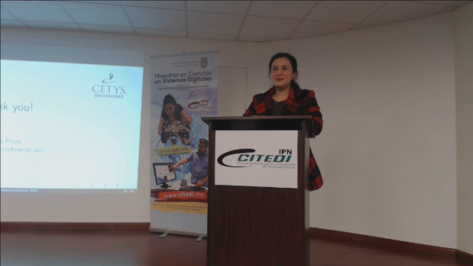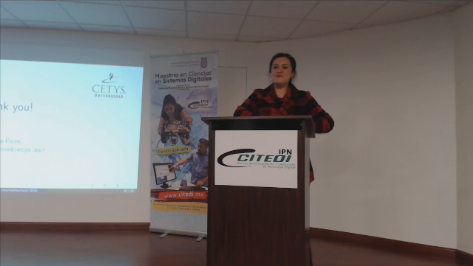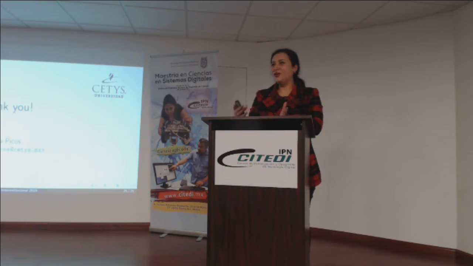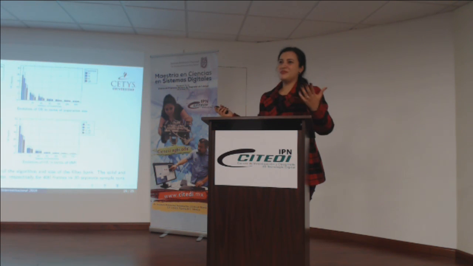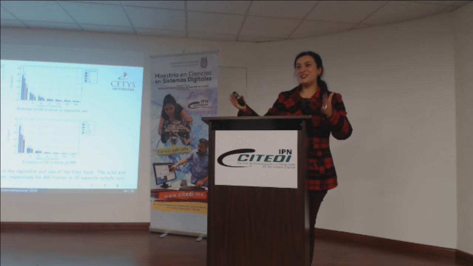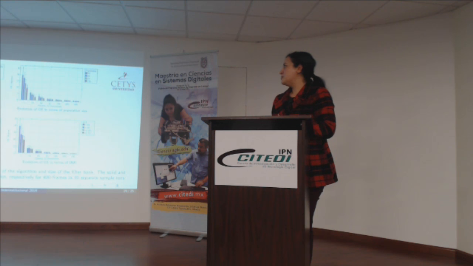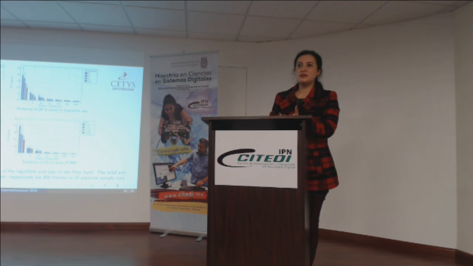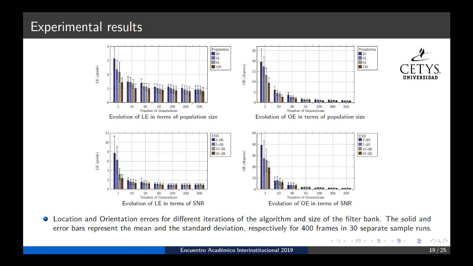not for real time, not what I wanted, but not all the filters. If you can see in the graphs, not a huge set of filters is required in a real application, because as you can see, if I use 32 filters, maybe that can be enough for this test, because the algorithm refines over the generations.